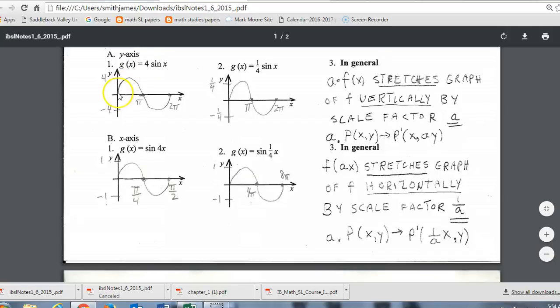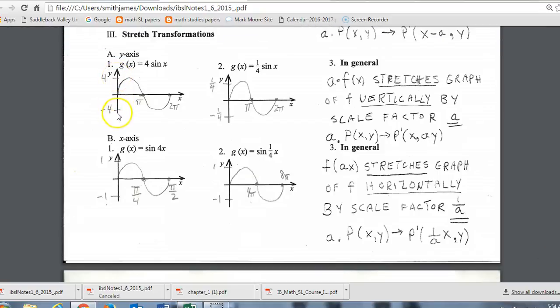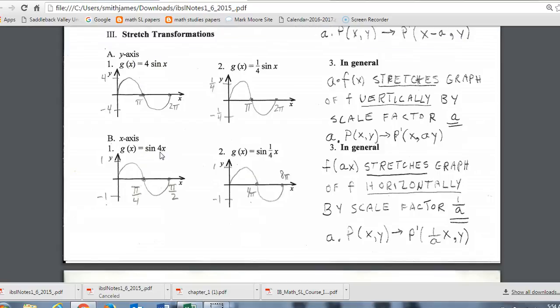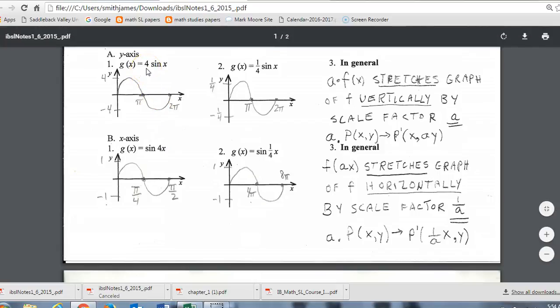So now instead of going up to +1 and down to -1, I am multiplying those numbers times 4 to get the new max and the new min. So this is my vertical stretch. And again, I know this is going up and down because this number is not attached to x. This one is attached to x, so you'll see the difference. This thing will affect the graph left or right because it's attached to x. This one is not attached to x, so it's going to affect our graph up and down.